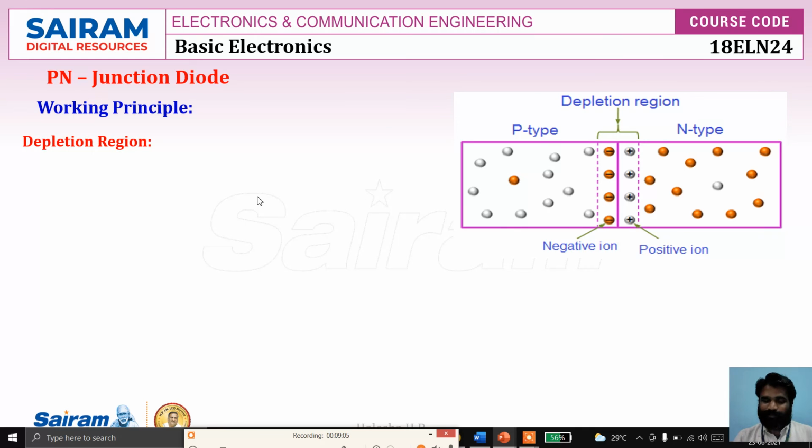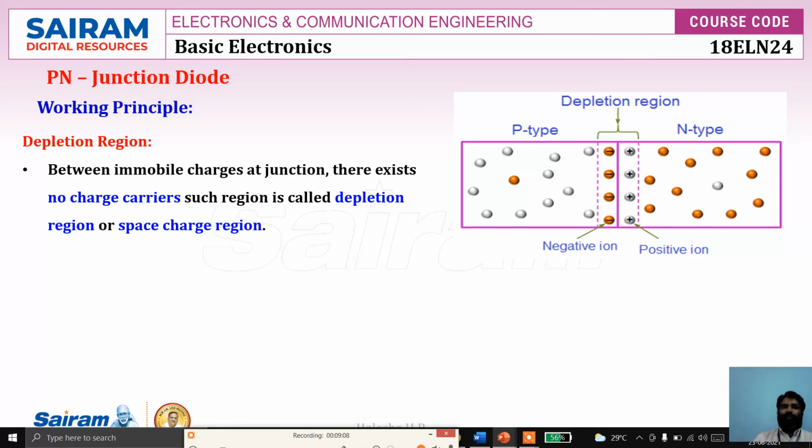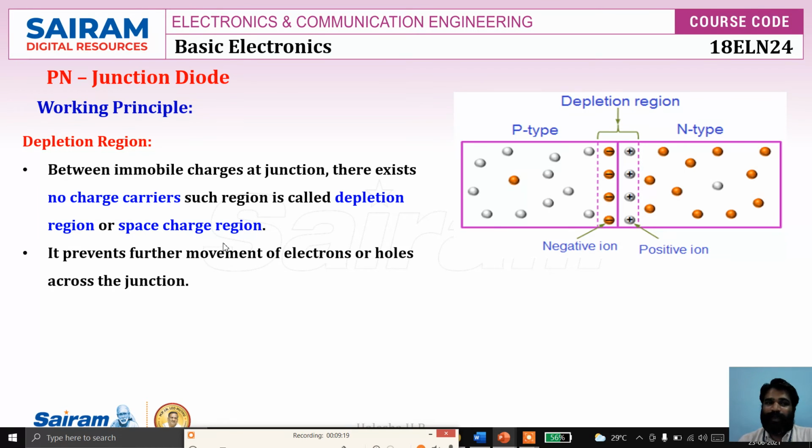That means between the immobile charges at the junction, there exist no charge carriers. Such a region is called the depletion region or space charge region. So it prevents further movement of electrons or holes across the junction.